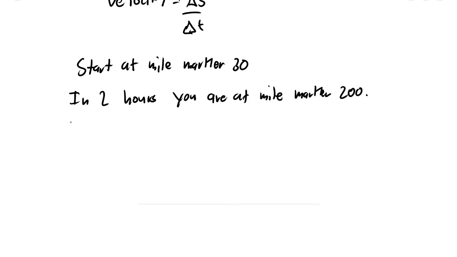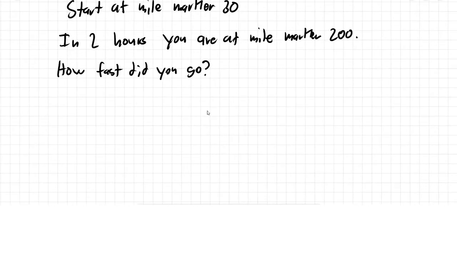And I were to ask the question, how fast did you go? Well, if you look at the equation that we have up here, delta s over t, the change in position over the change of time, really this is just a slope question. You're going to notice that the relationship between slope and rate of change in general is going to be the same idea.